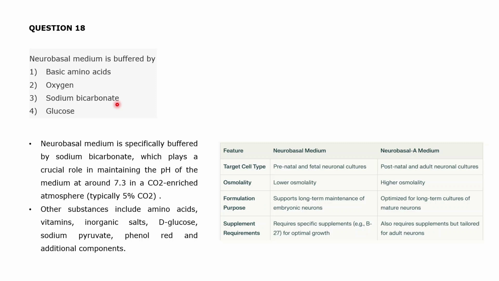Sodium bicarbonate is supplemented within the media to counteract pH changes when you are doing a cell culture, because of the metabolic reactions taking place, this pH will fluctuate. So sodium bicarbonate is used to buffer these pH fluctuations. So I think the answer is clear. Does anyone have any doubt?